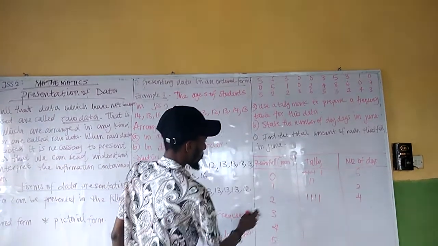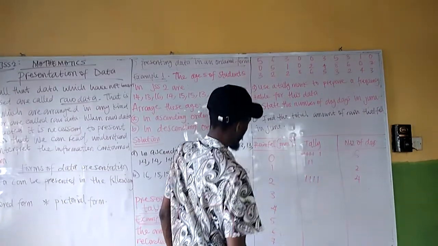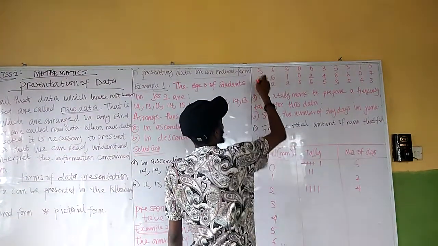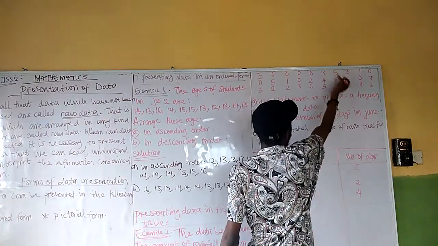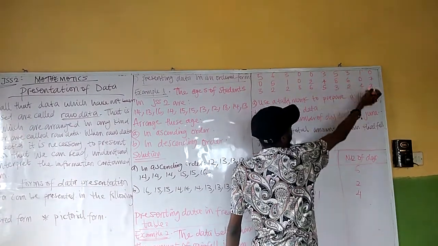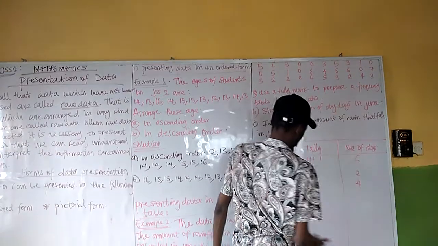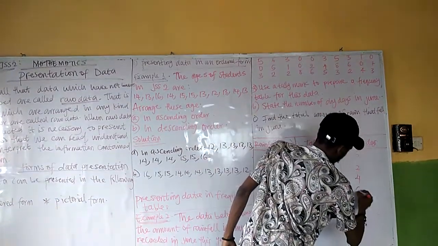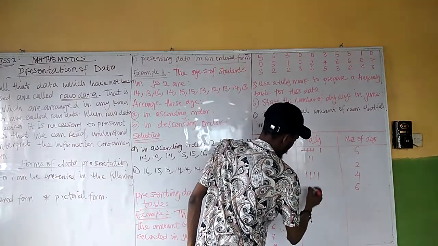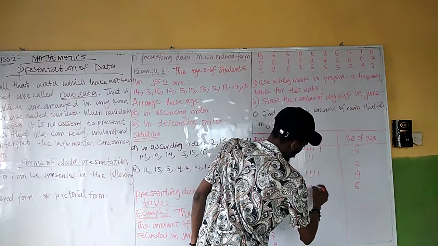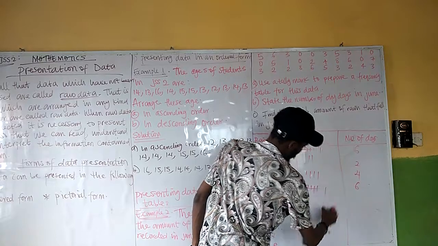Then what is the frequency of 3? 1, 2, 3, 4, 5, and 6. So the frequency of 3 there is 6. You present it as tally, it becomes 1, 2, 3, 4, 5, 6.